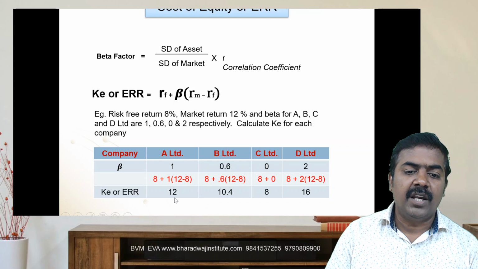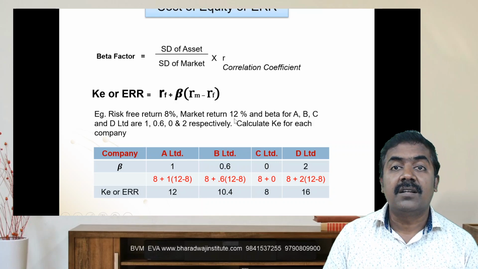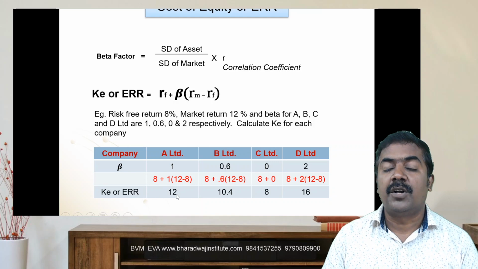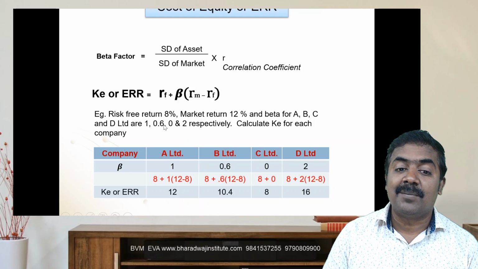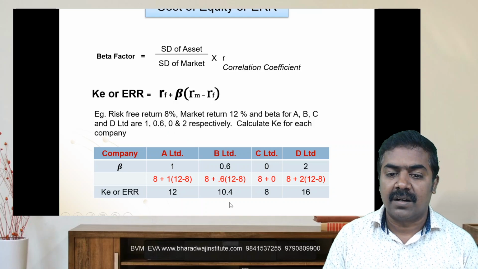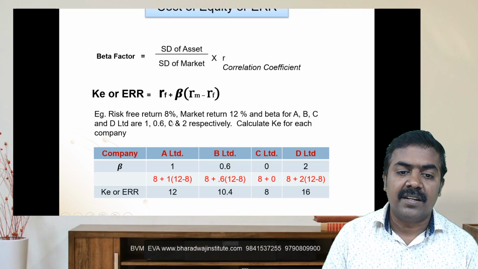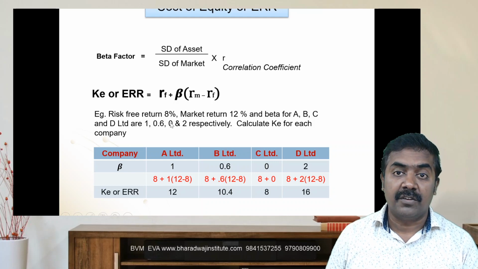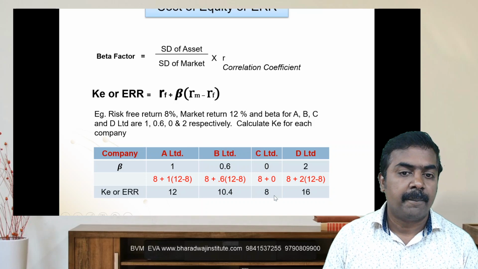Remember, A Limited is equal to market risk, that's why 12%. What is the market return? 12%. B Limited is less than the market risk, 0.6, so less than the market return. C Limited has a 0 beta factor, which means no risk. You will get only the risk-free rate of return, 8%.